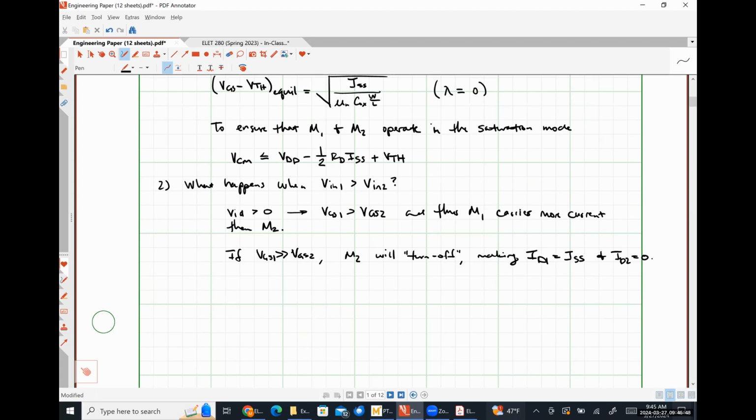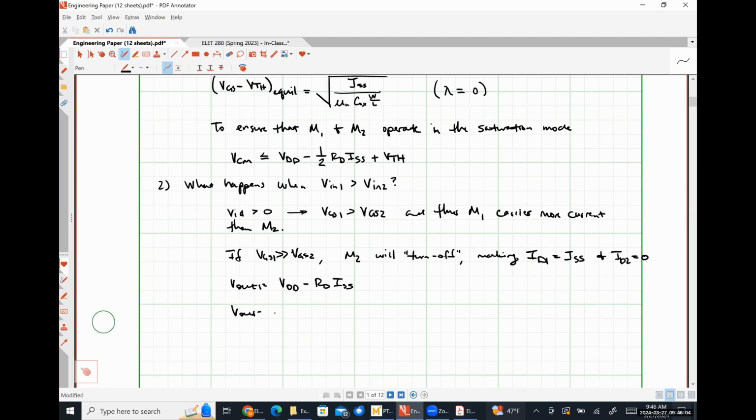So under this constraint, where VGS1 is much greater than VGS2, we would find that our output voltage 1 is VDD minus RD ISS.